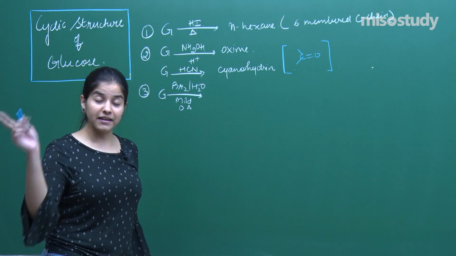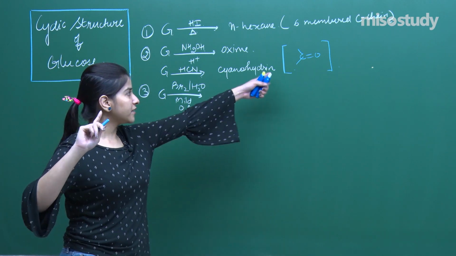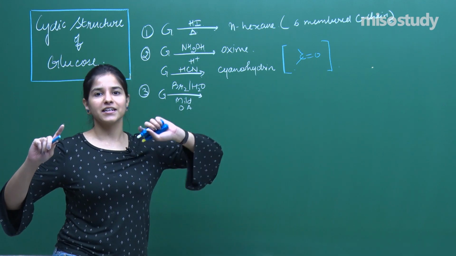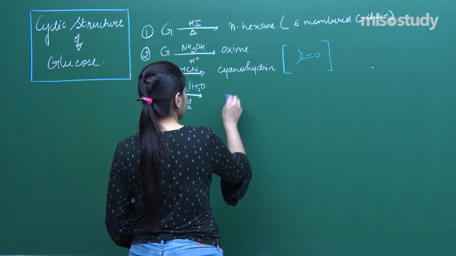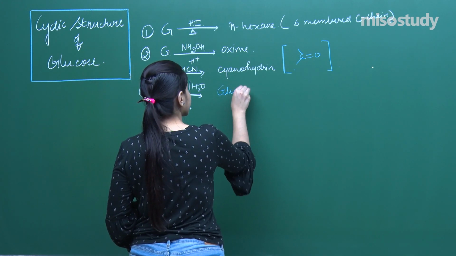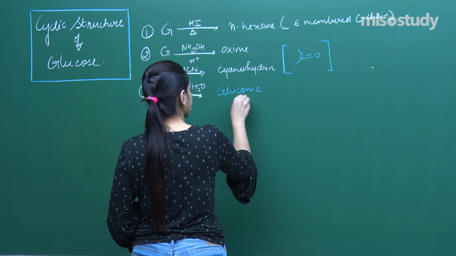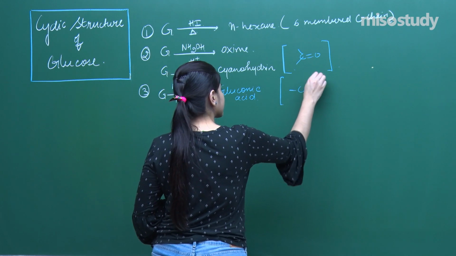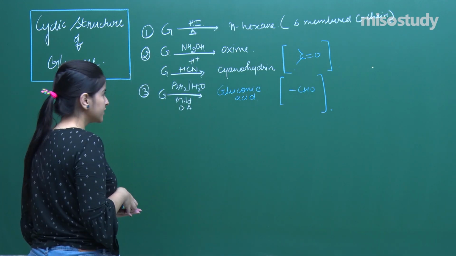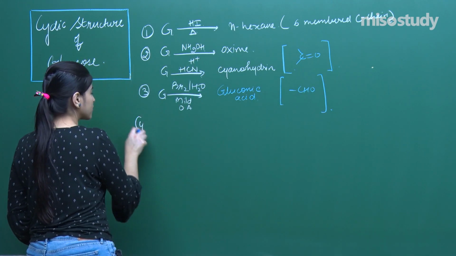Then I inferred that yes, it would have been the aldehyde. We got gluconic acid in this case, and I got the idea that yes, it's the aldehyde that I have.